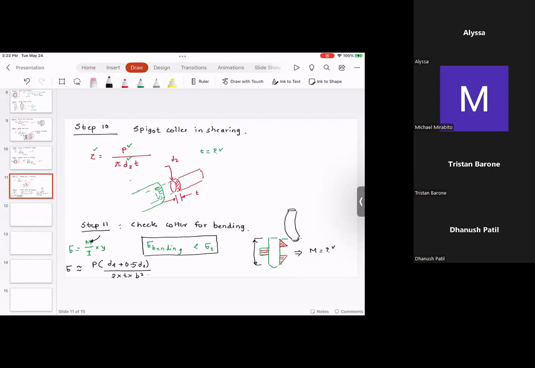If you really want to look at how this equation came about, then first, from the loading, you have to draw the shear force diagram. From the shear force diagram, you have to find out the bending moment diagram.